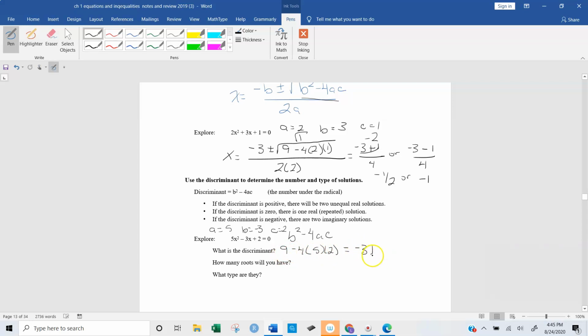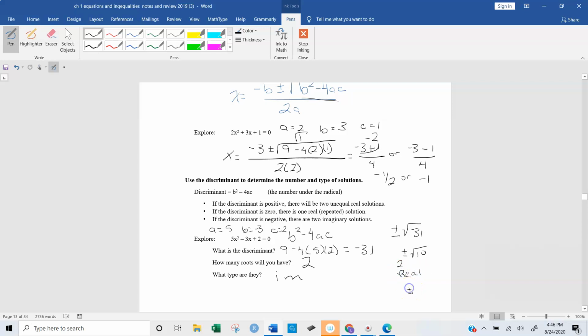Well, if it's negative underneath a radical, so this is really the square root of negative 31 in my formula, well, that's imaginary. There's always a plus or minus in front of it, so I know I have two roots, and since it's negative, it's imaginary. So if this had been plus or minus the square root of 10, then there would have been two roots, and they would have been real.